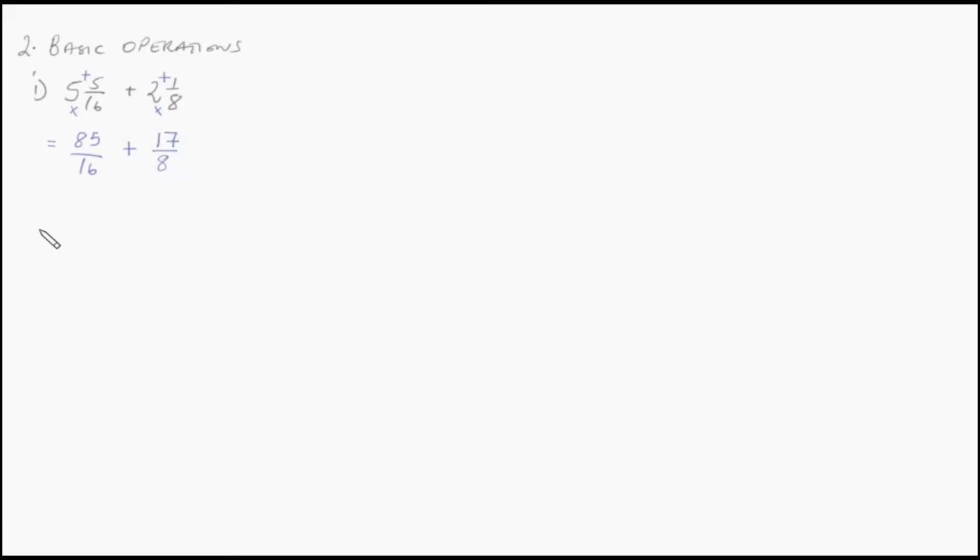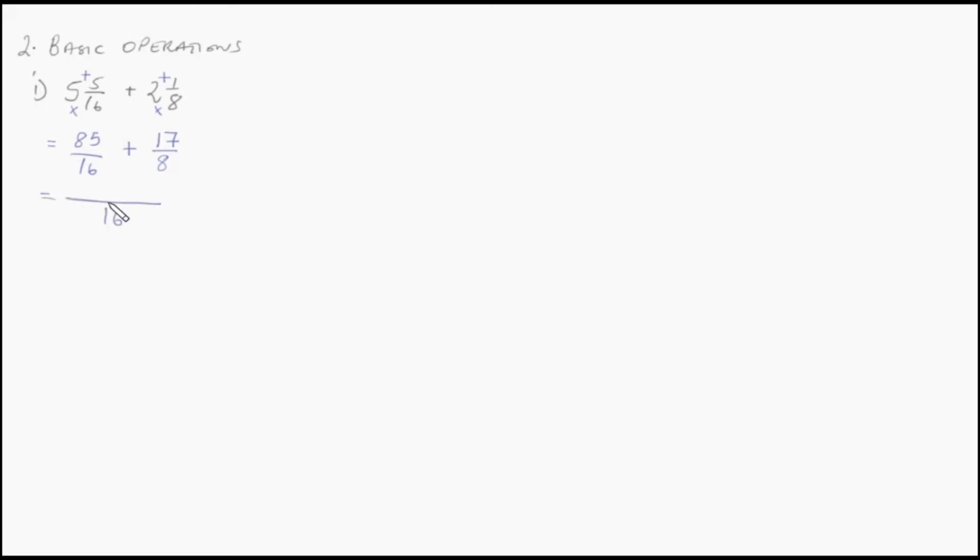All right. Now, what do we do? The next thing is to realize that we are adding fractions with different denominators. Then we need to find the lowest common multiple of these two numbers, 16 and 8. Then we will discover that it is 16.